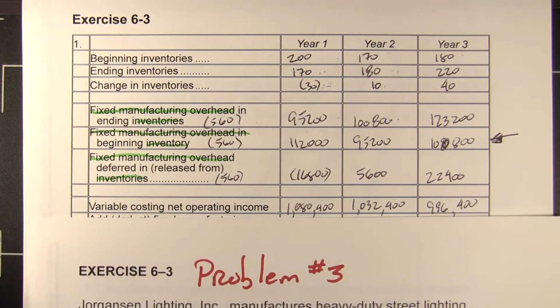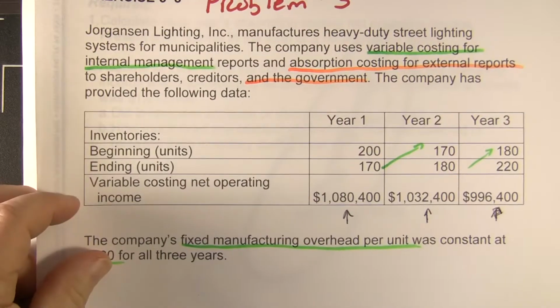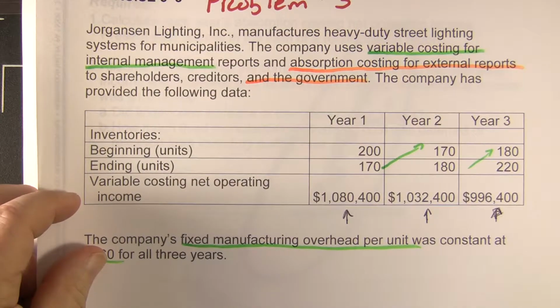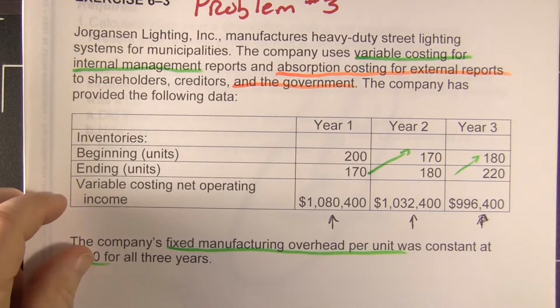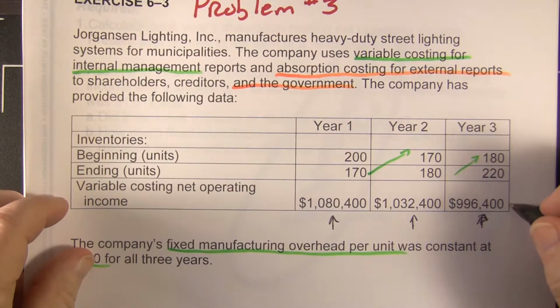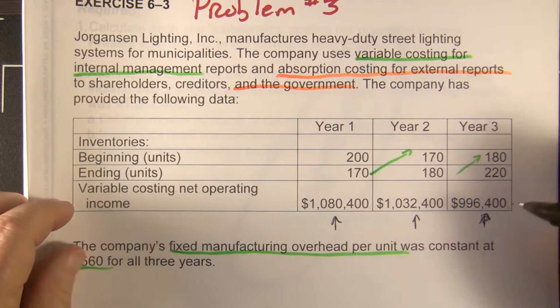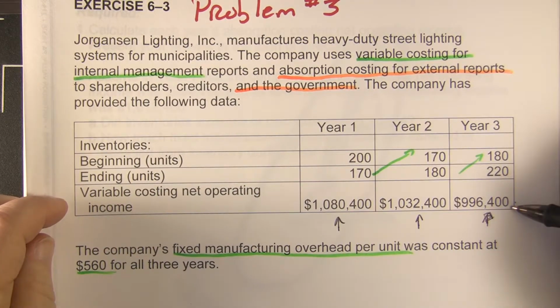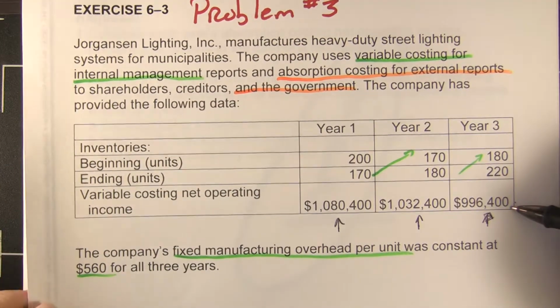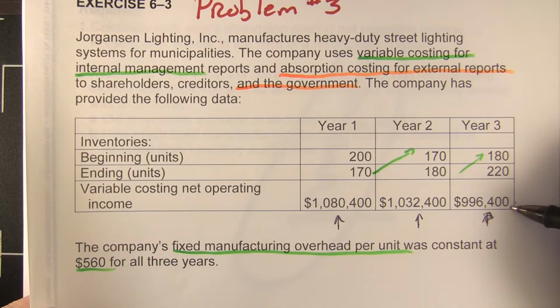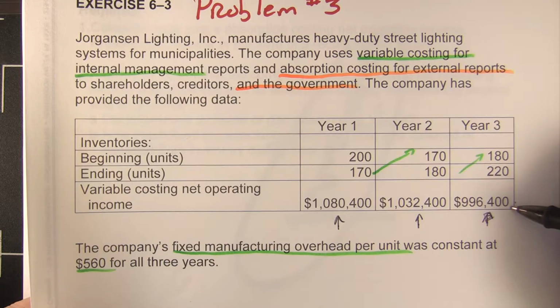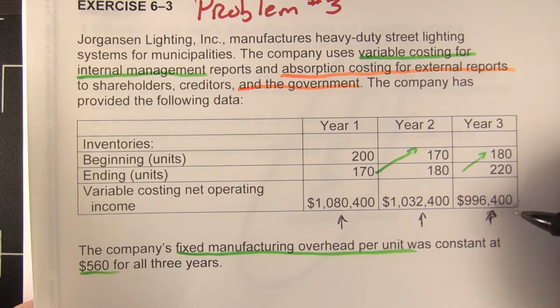That's the variable costing net income. They told us that. They also tell us that that's what we use for making management decisions. That's what we use to report to our stockholders. That's what we use when we talk about our production in the boardroom. It's not what we use for reporting for tax purposes, because we're not allowed to.